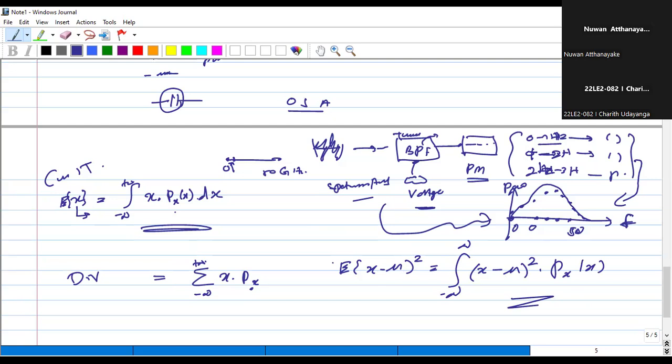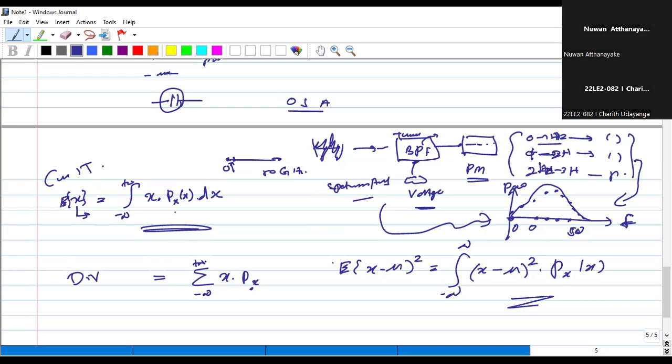Actually we are dealing with discrete values, so don't worry, we no need to do any integration. For expected value, for example, let's say we get some voltage measurements.